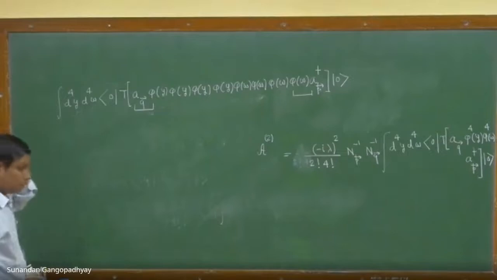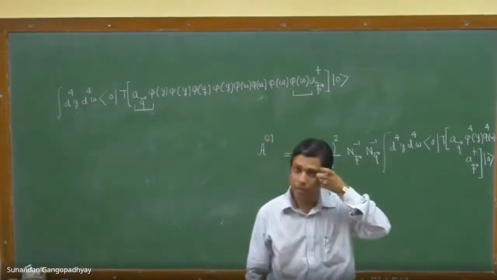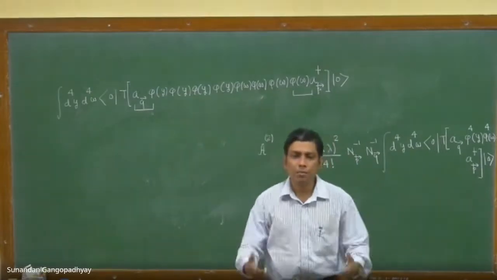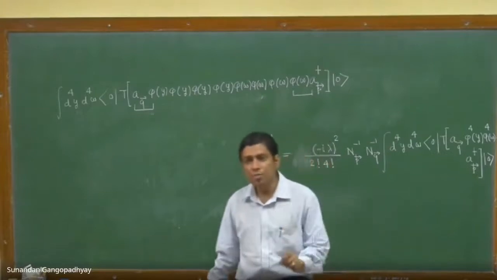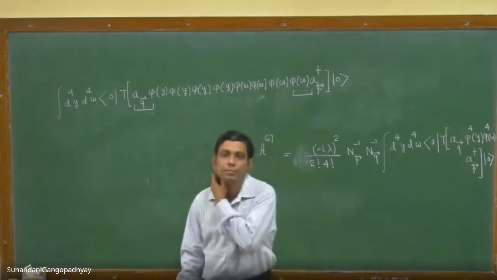And now, you can understand that if you contract in this way, many possibilities can arise, and to each possibility you can draw a Feynman diagram, right?